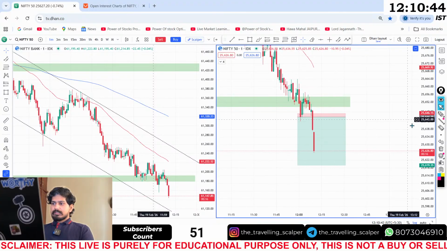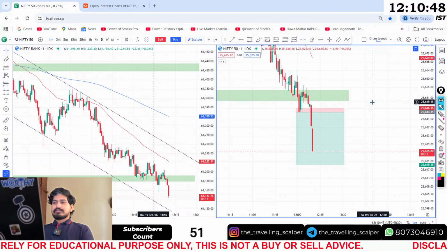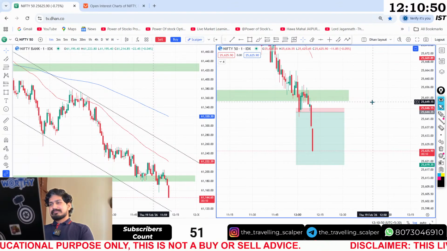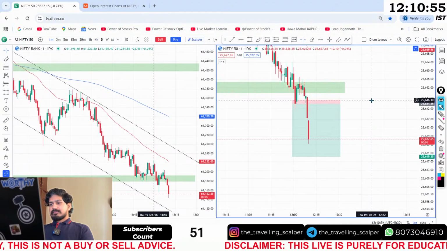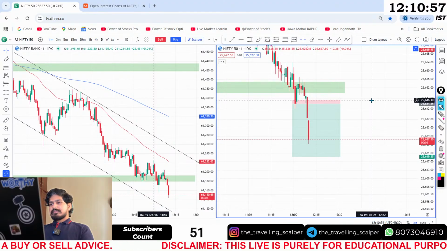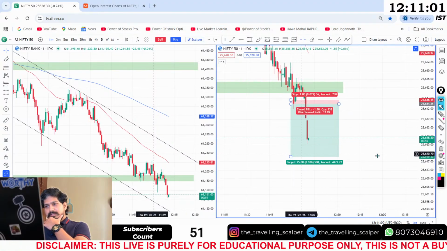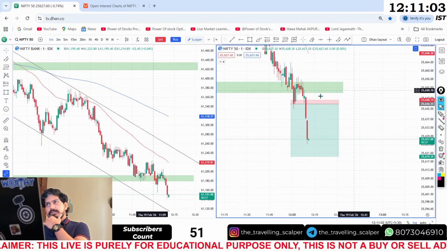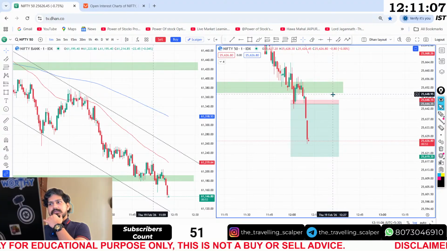Now if a little fall comes, we are done with the target. Oh bhai. Come on. Next level. Absolutely headshot. We will wait a little here. Anyway we are trailing it to break even. So not even ₹1 will go from our side, even if the market reverses.